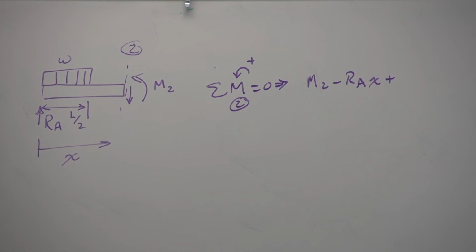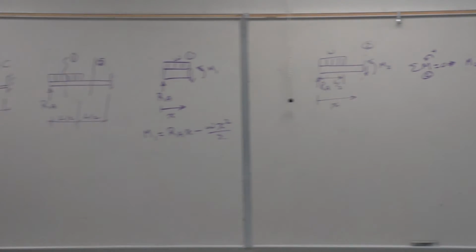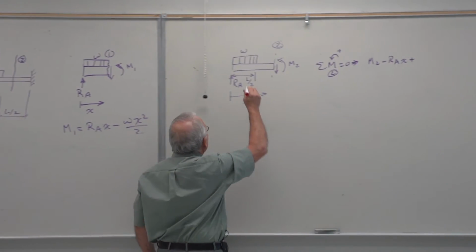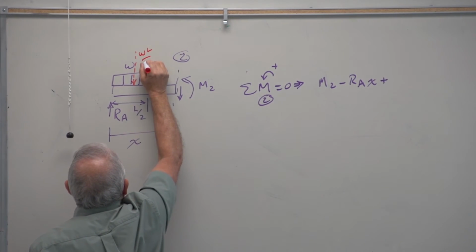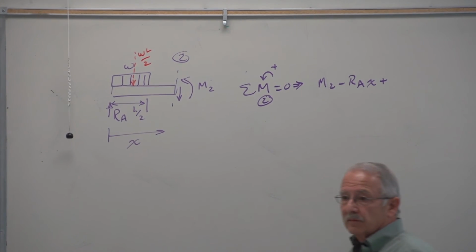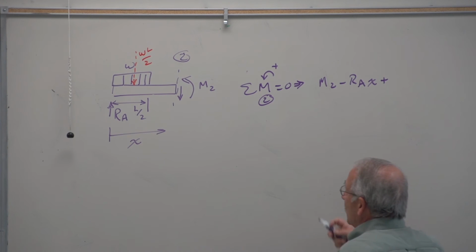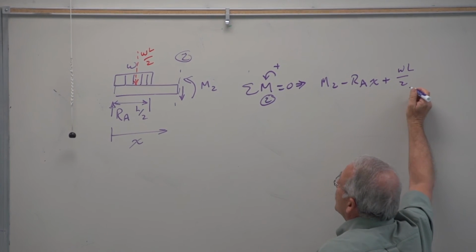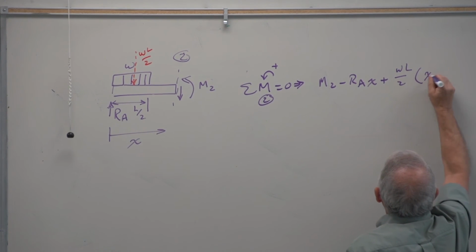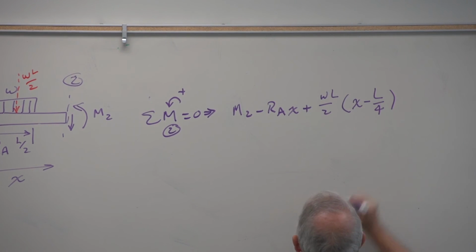That distributed load can be replaced by a point load at its centroid, and therefore the moment of that about this point is wL over 2 times x minus L over 4.